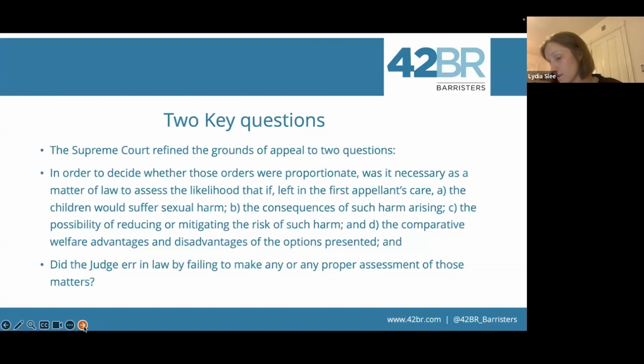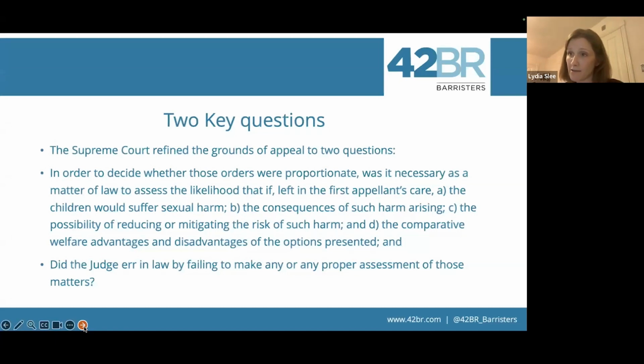So the Supreme Court identified 2 questions, and we have put those questions on the slide. The first question is in fact broken down into 4 areas that the court would need to look at, but that is in a nutshell the proportionality question, and that is as follows.